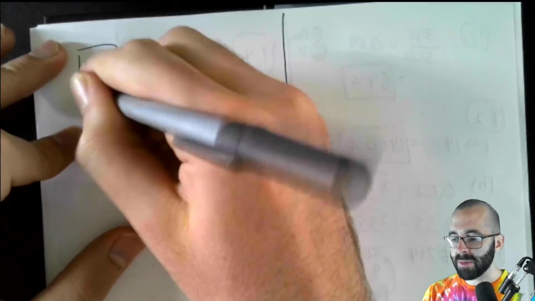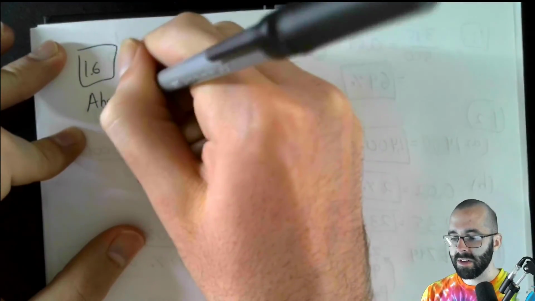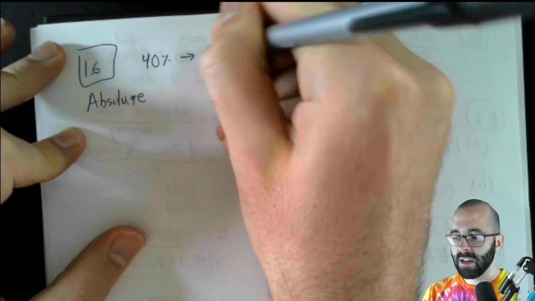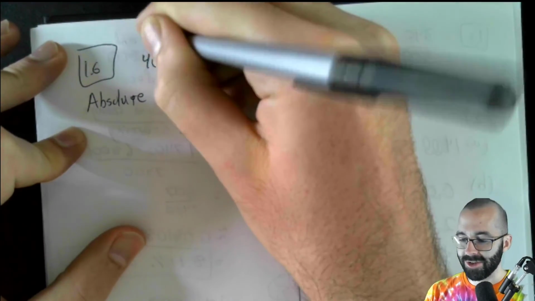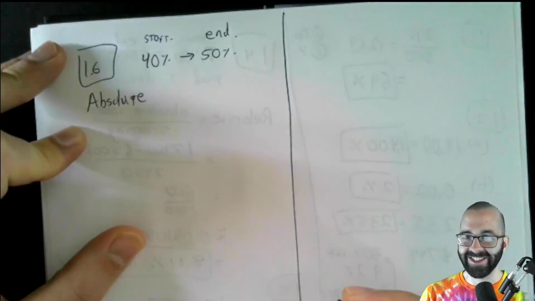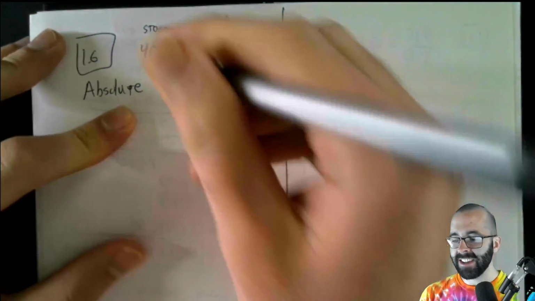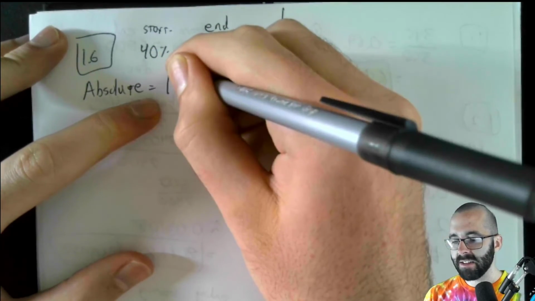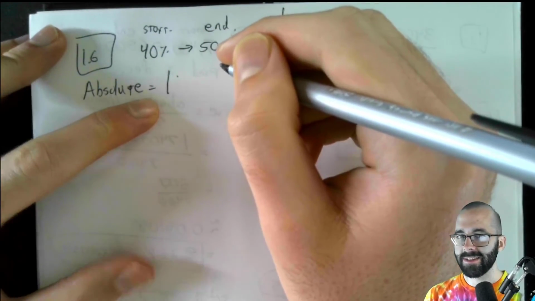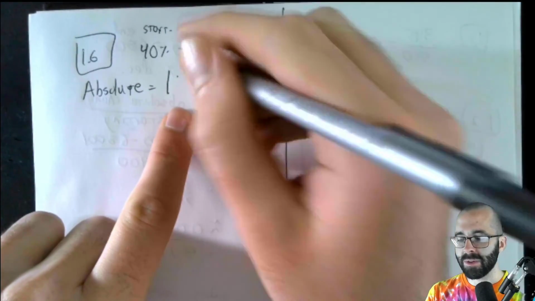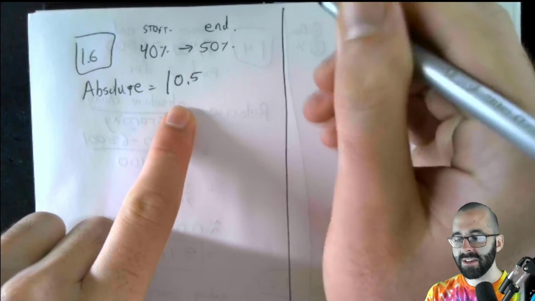So let's first find the absolute change. We're going from 40% to 50%. This is our starting, and this is our ending. So the absolute change is going to be the absolute value of the ending, 50%. So you have two ways of writing this. You can either write it as 50%, or you can write it as a decimal, as 0.5.